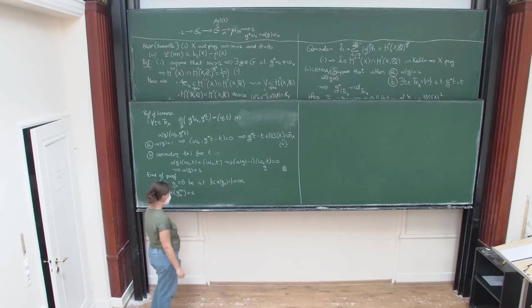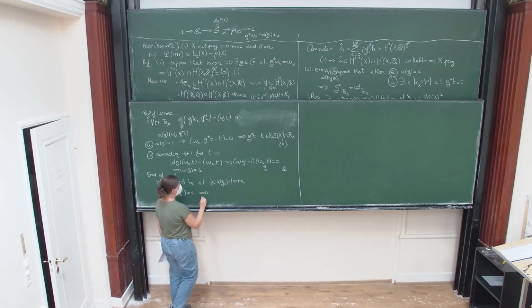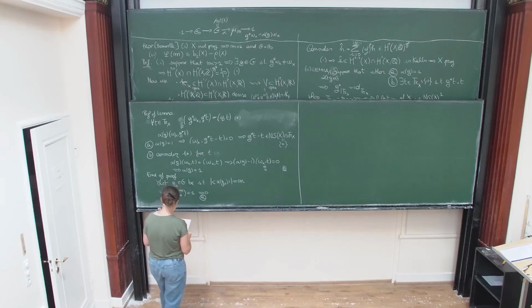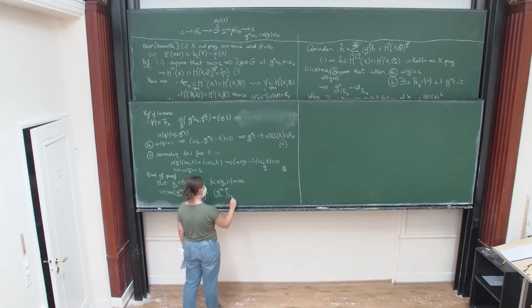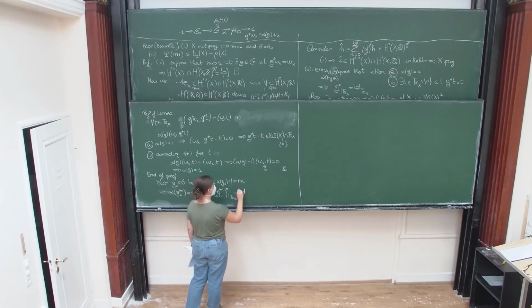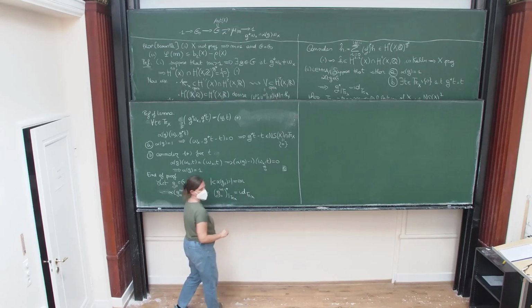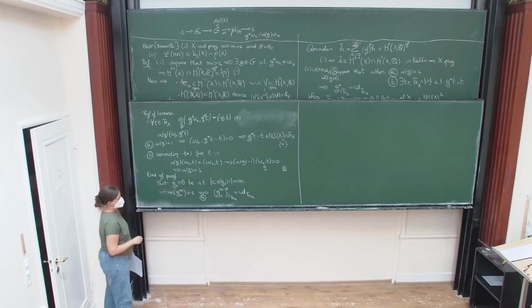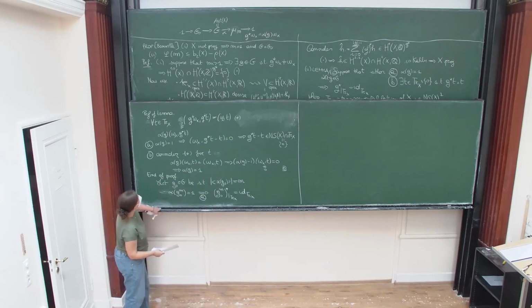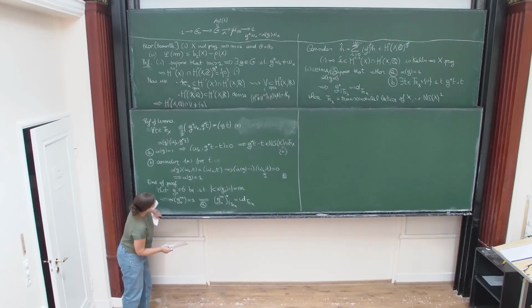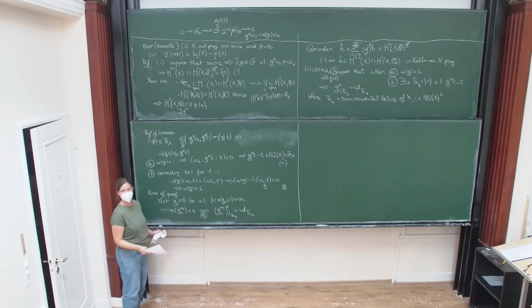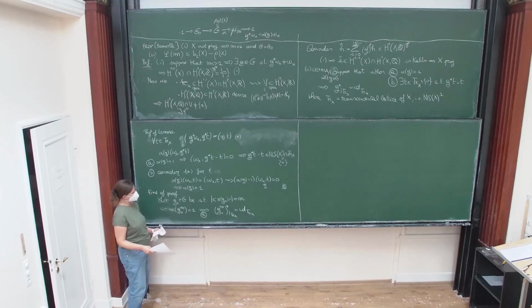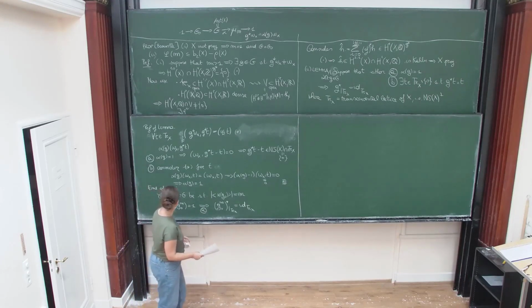So by part A of our lemma, we know that G0 to the power M, restricted to the transcendental, acts as the identity. Is it too much? Can you still read? Not too much. Okay.